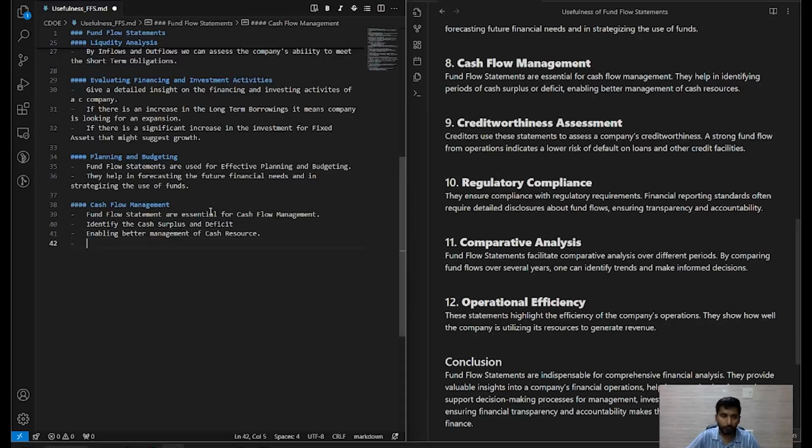Okay. Next up, it is useful for credit worthiness assessment. Creditors use these statements to assess the company's credit worthiness.